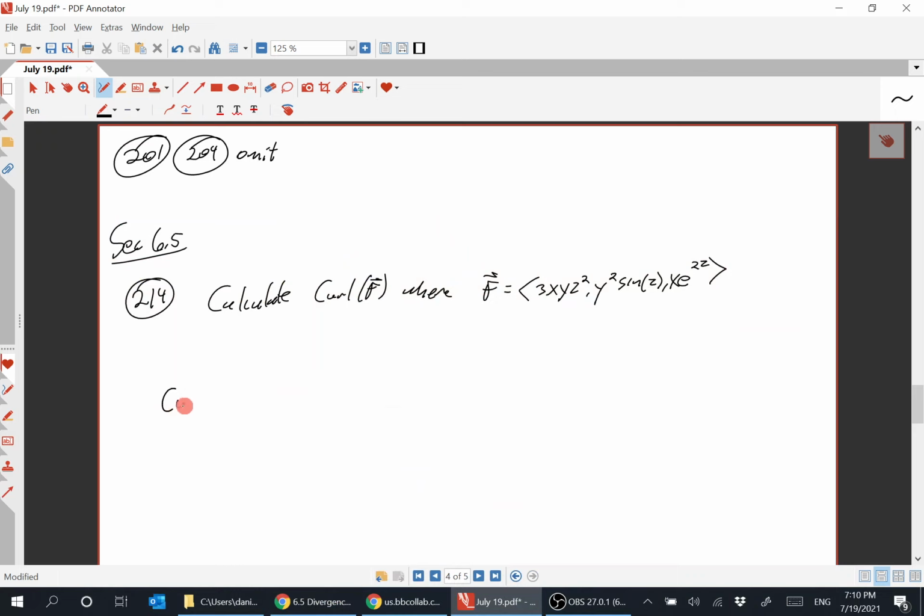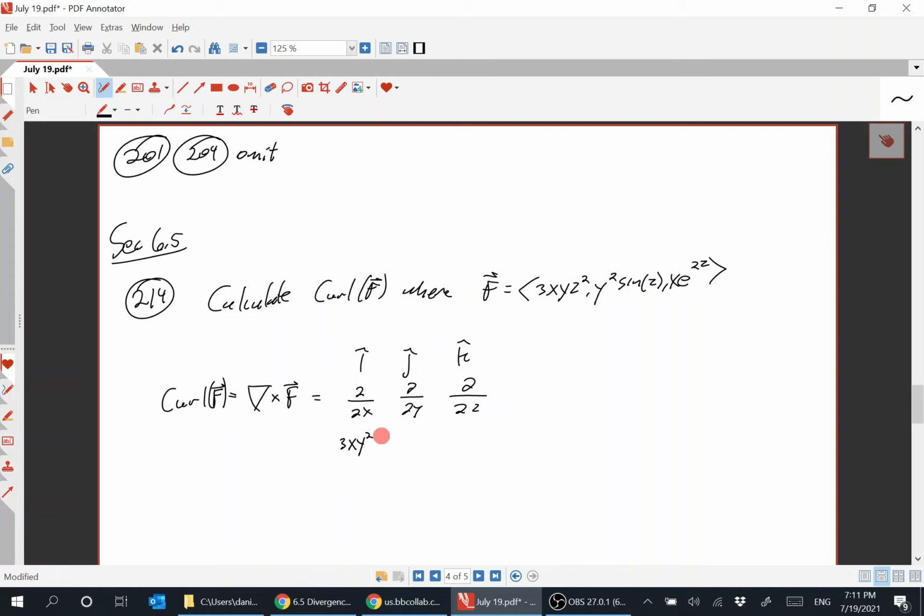Right, so the curl of F is equal to the 3 by 3 determinant. Well, it's a cross product, of course, right? It's the cross product of this vector with F. This vector is the vector of partial differential operators in 3 dimensions: partial with respect to x, partial with respect to y, partial with respect to z.